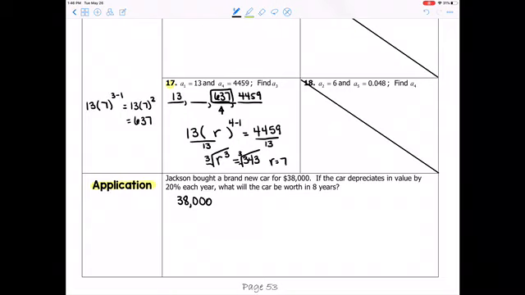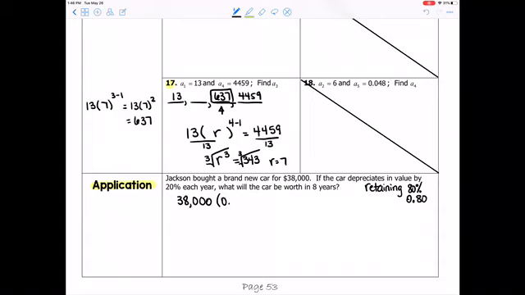And when we're depreciating by 20% each year, that means that we are retaining 80%. So that's our multiplier, 80%. So we're going to use that as 0.80 after converting from a percent to a decimal.